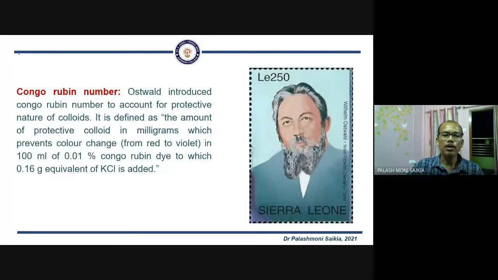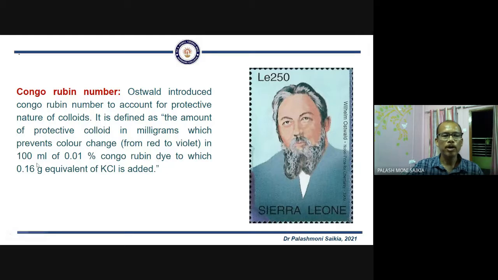Like gold number, we have another number that was introduced by Ostwald. Gold number was introduced by Zsigmondy, another pioneer in colloid chemistry, and similarly, Ostwald introduced another number called the Congo-Rubin number. It is defined as the amount of protective colloid, that is the lyophilic colloid, in milligram, which prevents color change from red to violet in 100 ml of 0.01% Congo-Rubin dye, to which 0.16 gram equivalent of KCl is added.